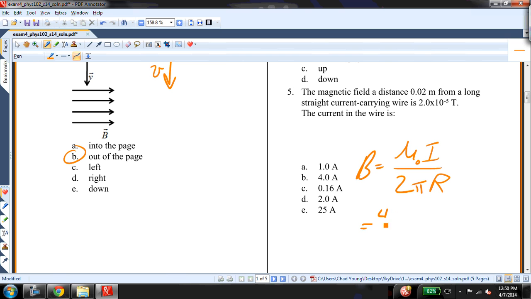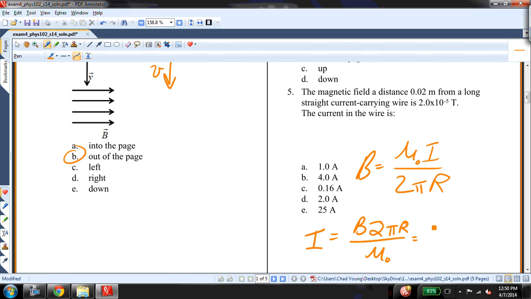So that's going to be 4 pi, I, we don't know. Actually, I'm going to do this a little bit differently. I forgot I was looking for I here. So I'm just going to go and solve for I, and then we'll put in the numbers. That's going to be B 2 pi r over mu naught.